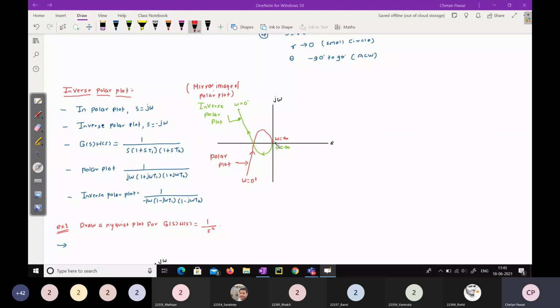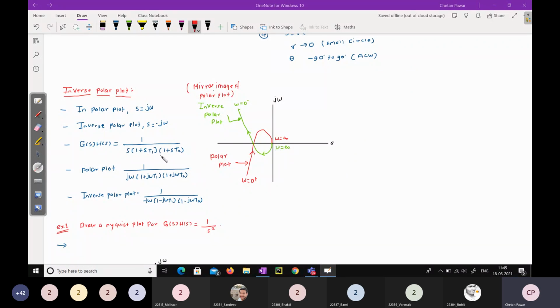So this will be the mirror image of the polar plot, because the polar plot poles and inverse polar plot poles are complex conjugates. Okay, so that's why the third region will give us the inverse polar plot.